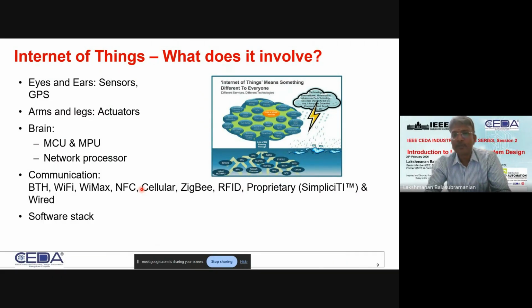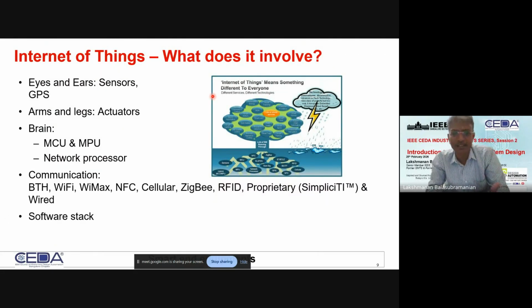As a concept, wired communications are also supported, but as you go further, you will understand why wireless communication is obvious. And then there will be a software stack sitting on top of all of these to run your applications and control them.